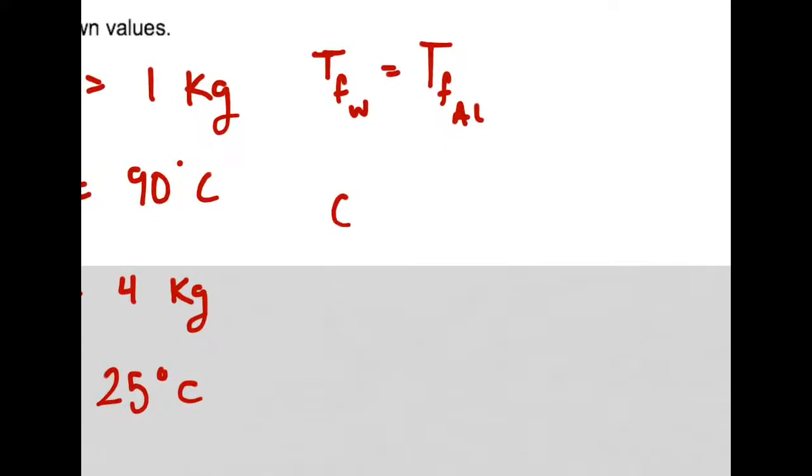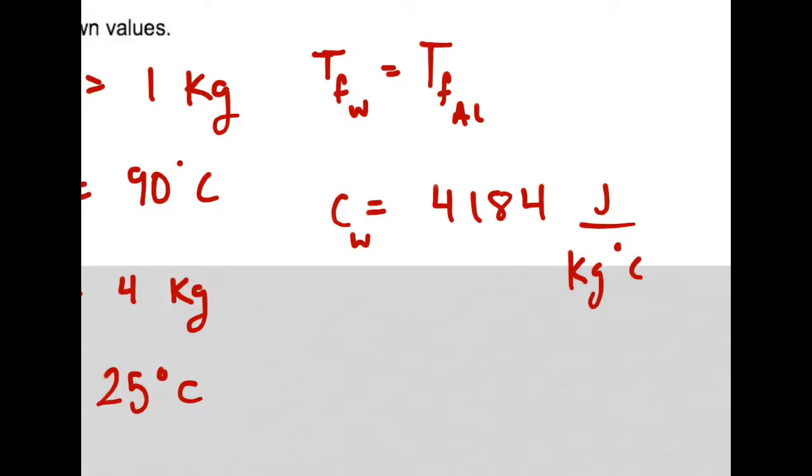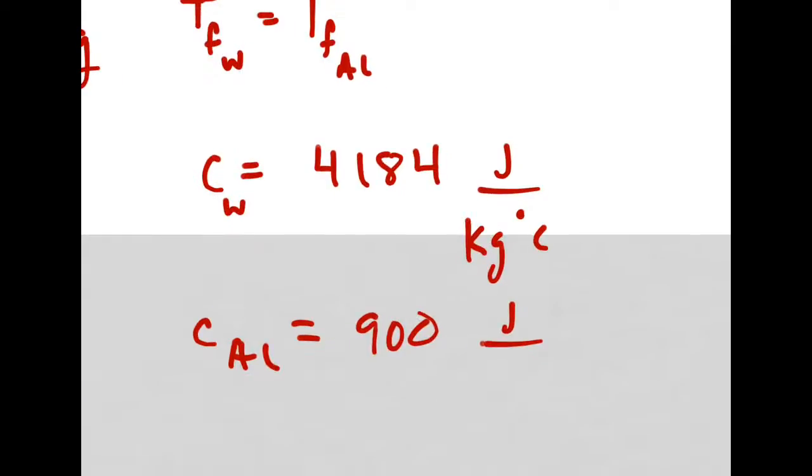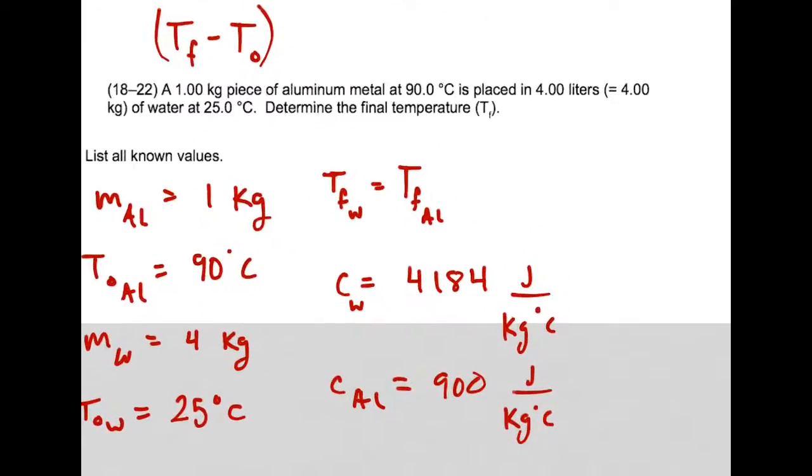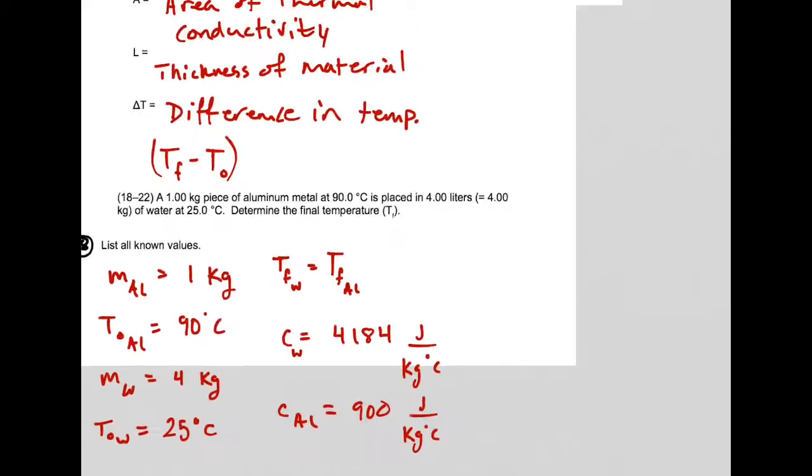C for water is 4184 joules per kilogram degrees Celsius, and C, the specific heat capacity of aluminum, is, I think, 900 joules per kilogram degrees Celsius. If I find out more later, then I'll add it.